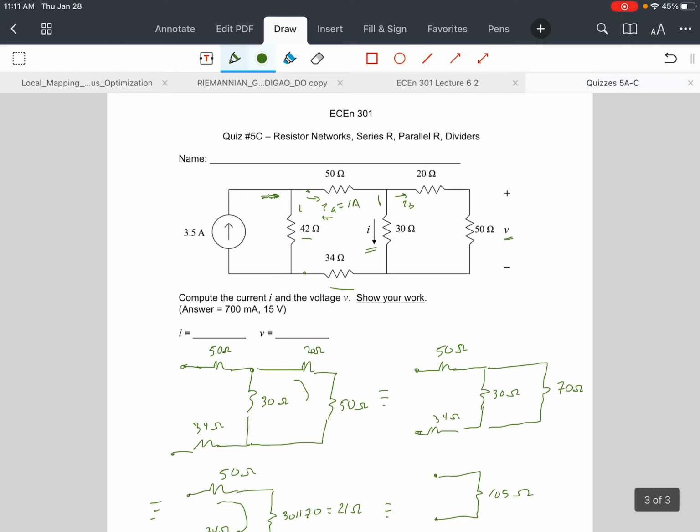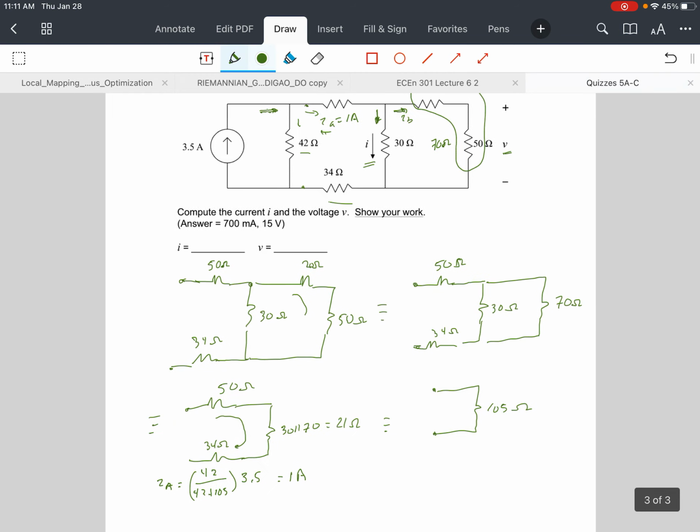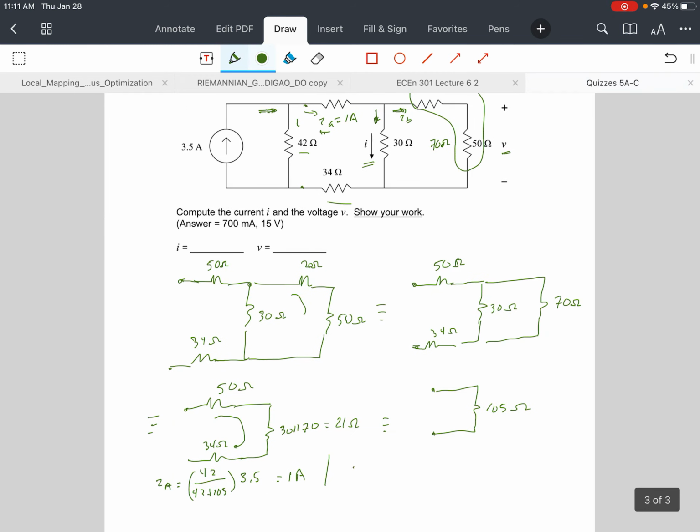Now 1 amp is going to get divided this direction and that direction. When we look at this, it's like an equivalent resistance of 70 ohms. Now we can use current divider equations. I goes between a 30 and a 70 ohm resistor, so we can write our formula down here.